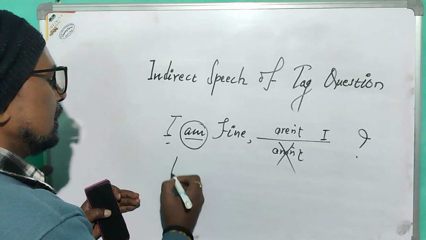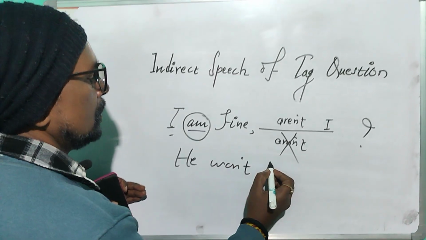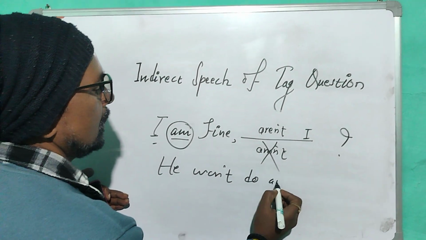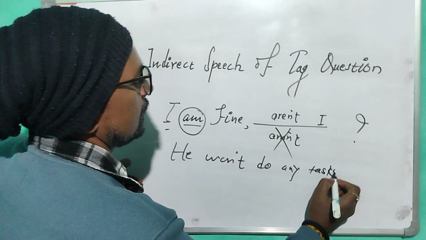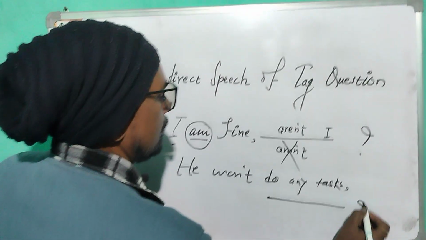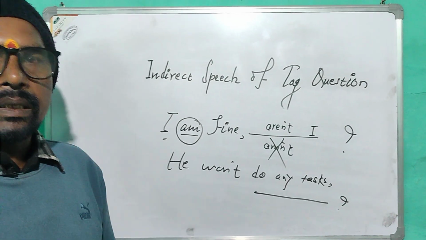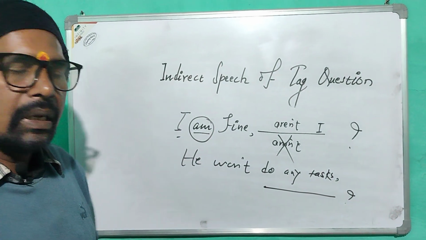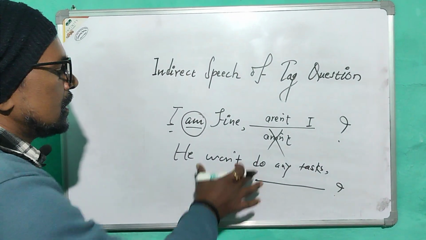Next example. He won't do any task. Now the sentence has a negative meaning here. Won't means will not, so it is negative.